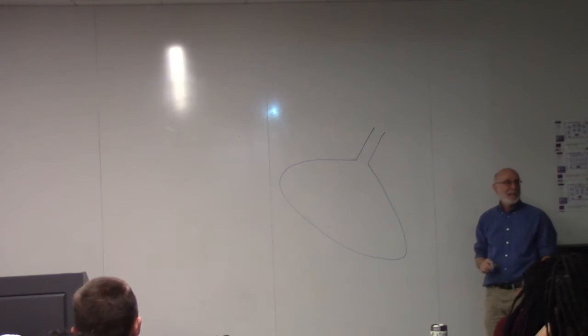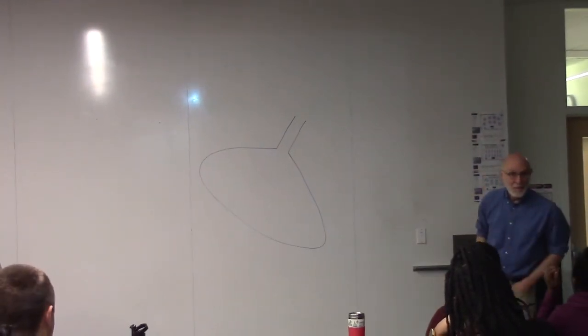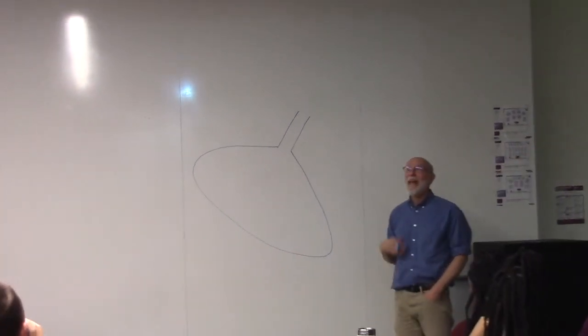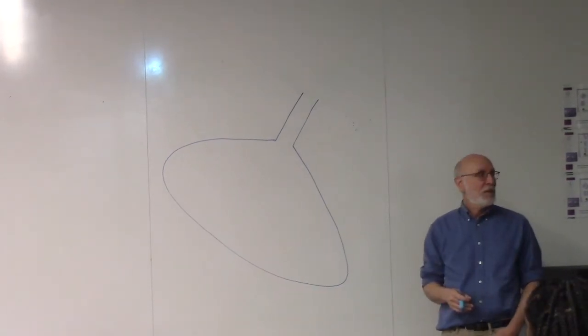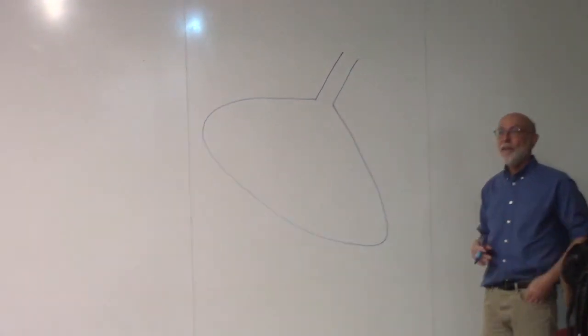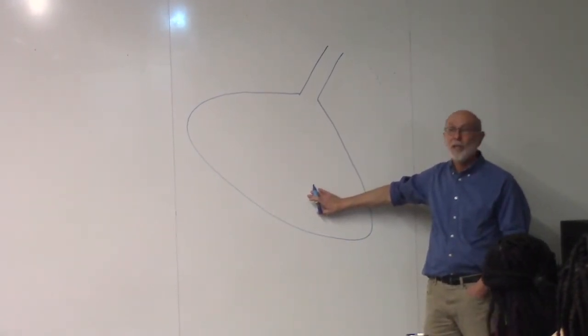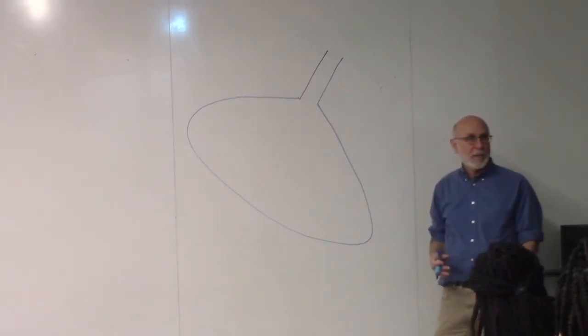Yeah, excellent. With very few clues, you got the reminder that this is an axon going into a presynaptic terminal, or a synaptic button, or a synaptic bouton, or any of those names.